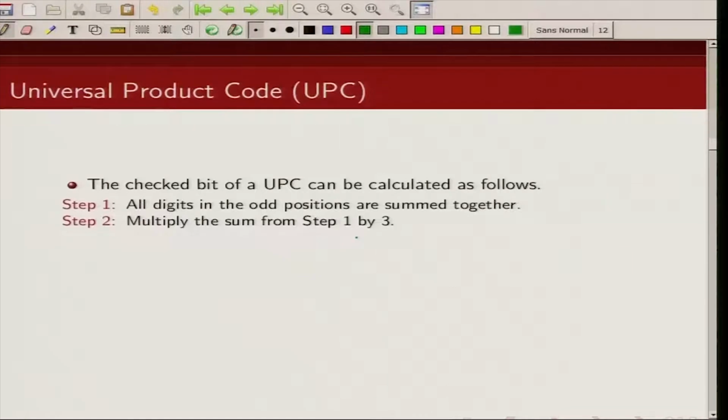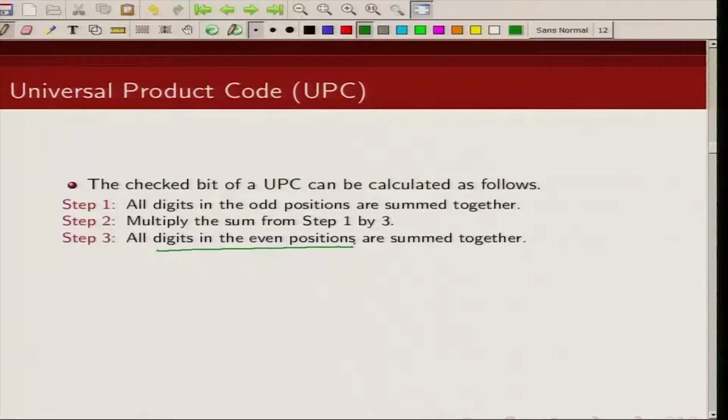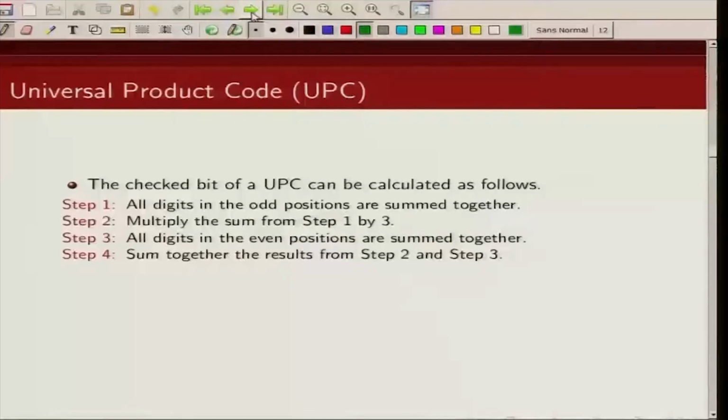To that you are going to add all the digits in the even positions. So it will be 3 times (A1 plus A3 plus A5 and so on) plus A2, A4, A6 like that.